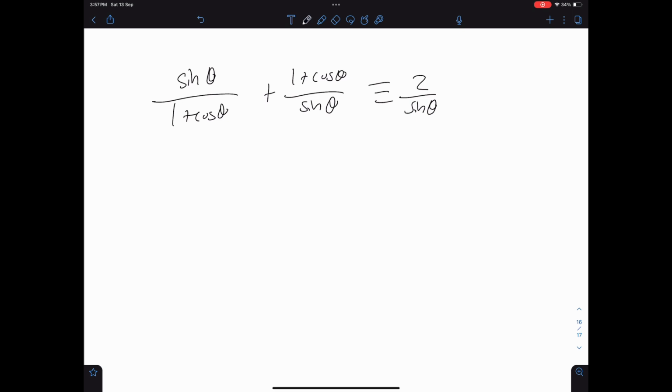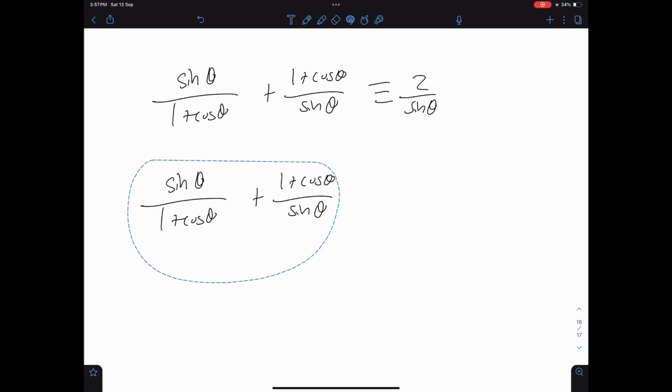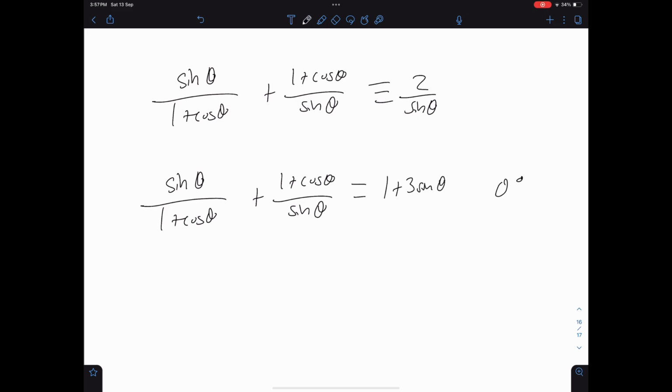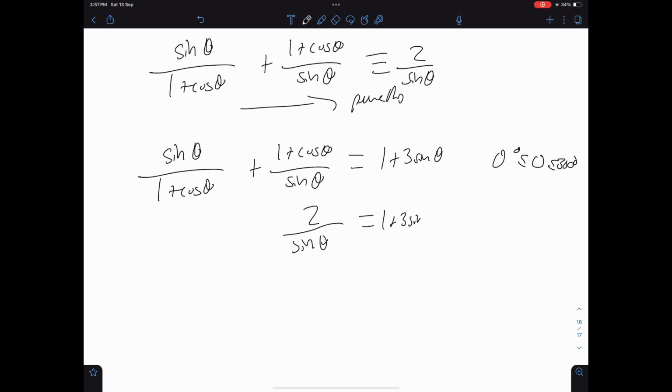And then it asks you to solve this being equal to 1 plus 3 sine theta, and it gives you a domain like 0 degrees to 360 degrees. And basically, what you'd do is you'd prove this, and then you just do 2 sine theta equals 1 plus 3 sine theta, and you'd rearrange it and solve.